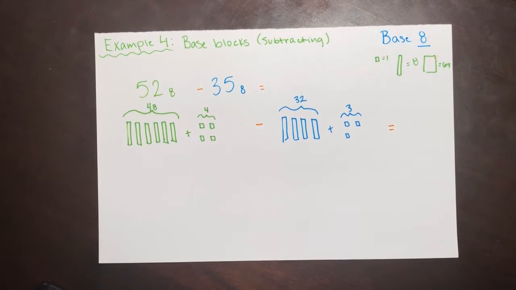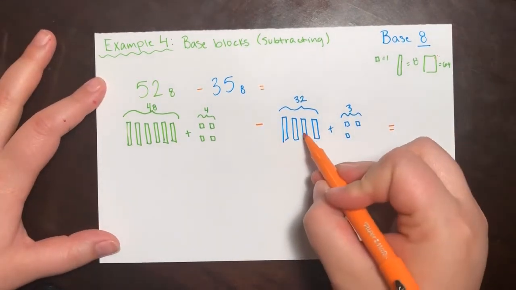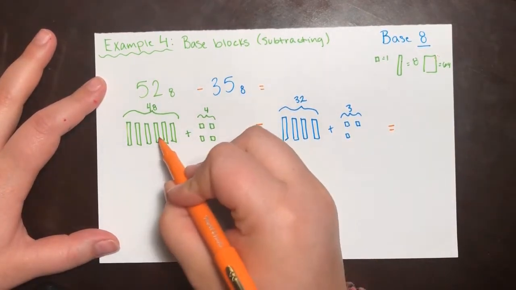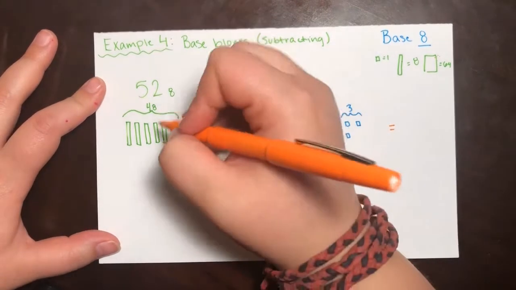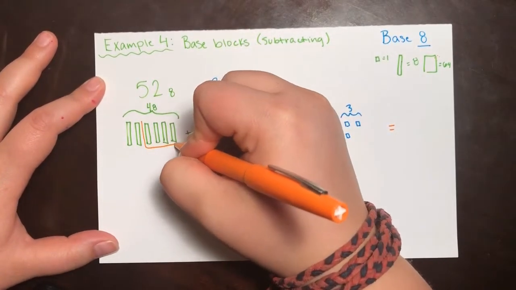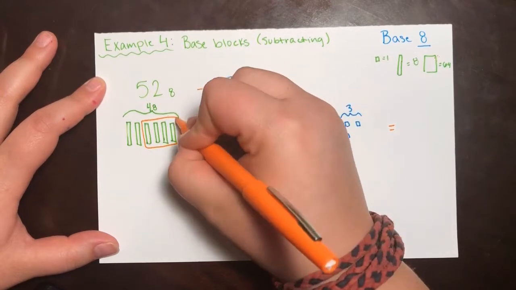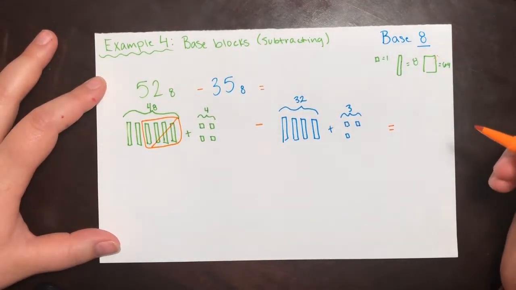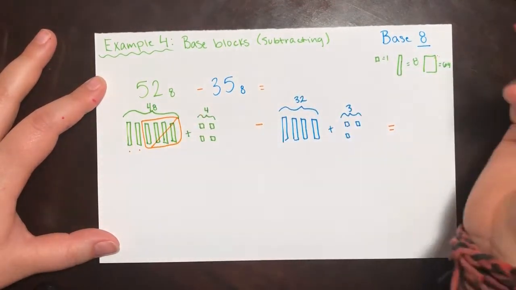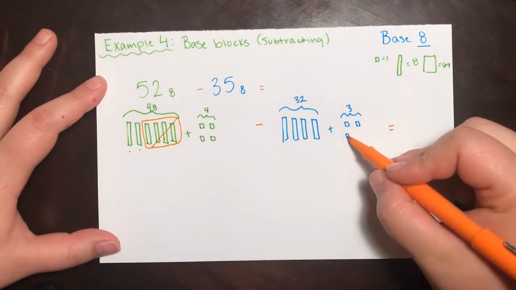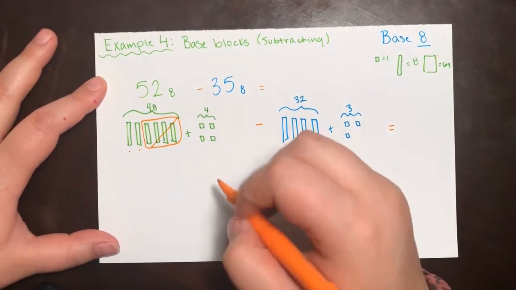So now we're going to subtract. So since we have 4 over here, we need to take 4 out of here. So I'm going to do this, cancel those out. So we only have 2 left after that. Then, since there's 3 over here, we're going to take 3 out of here.